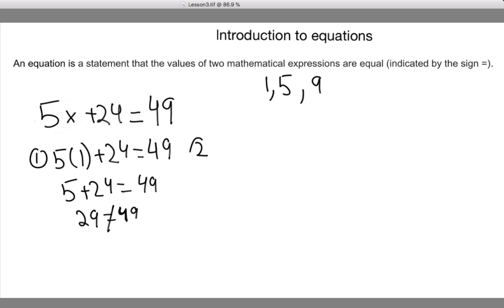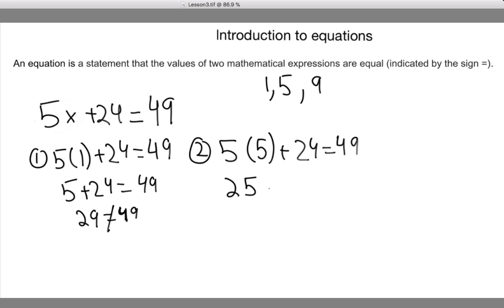Okay, enough of that. So suppose this time for x we put in the value of 5. 5 times 5 plus 24 equals 49. Suppose we do this, we're going to have 5 times 5, which is indeed 25, plus 24, right guys?